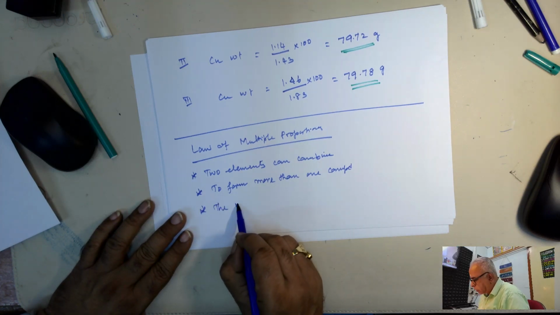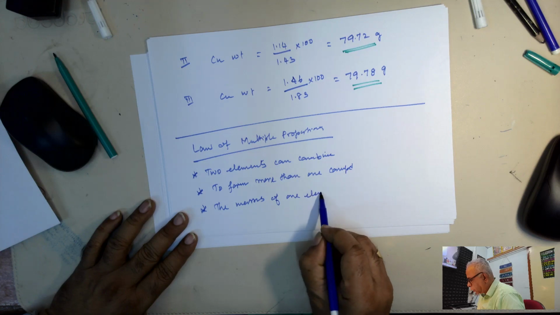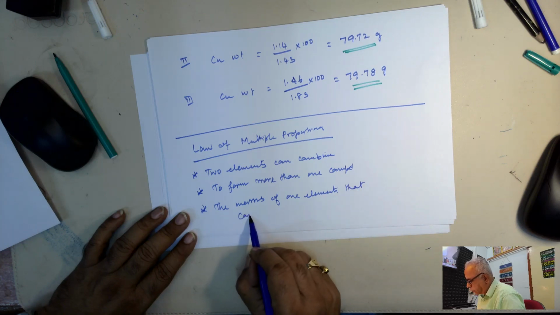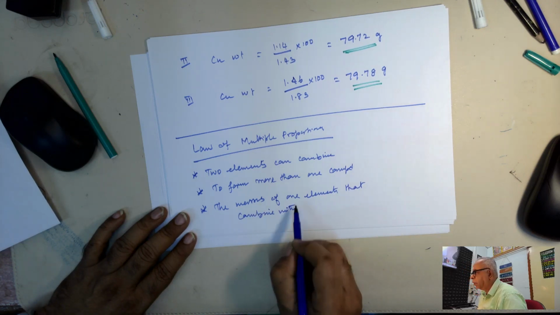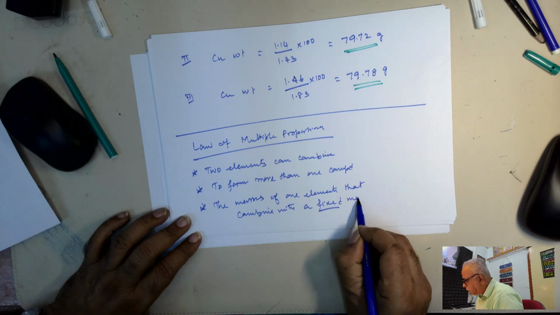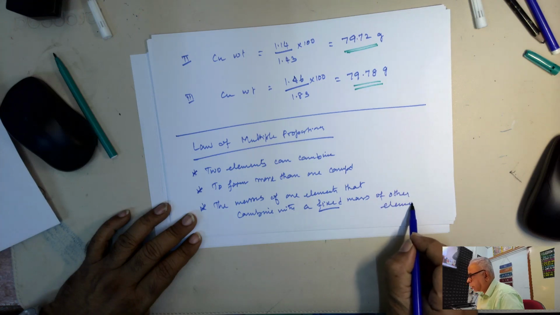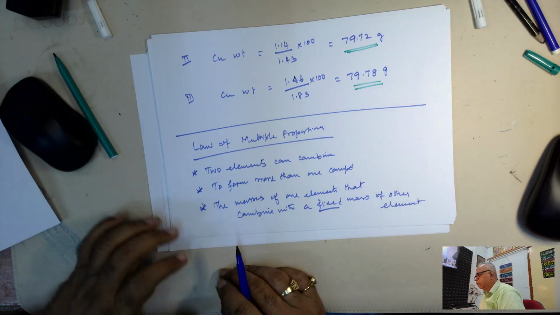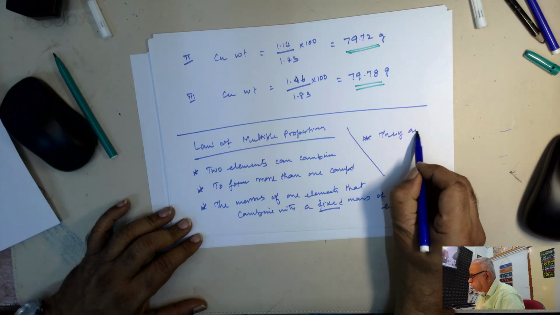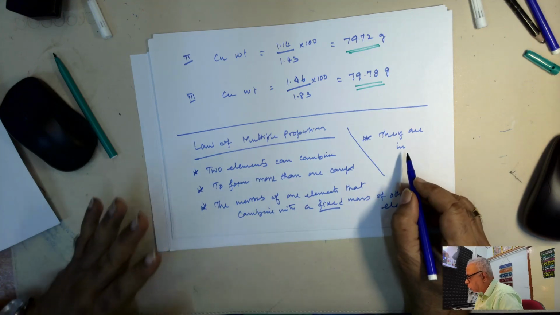the masses of one element that combine with a fixed mass, underline fixed mass, of the other element, these are in the ratio of small whole numbers.